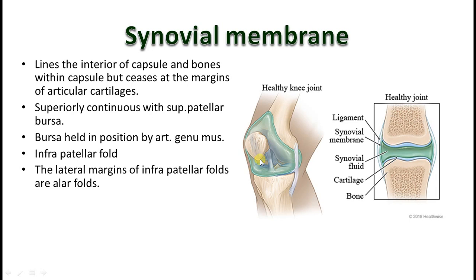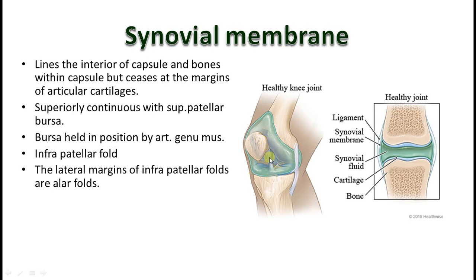Now if you look at the primitive joint cavity, this is divided into two compartments by the intercondylar septum. There is a foramen in the intercondylar septum, thereby giving two separate cavities, the lateral femorotibial compartment and the medial femorotibial compartment.